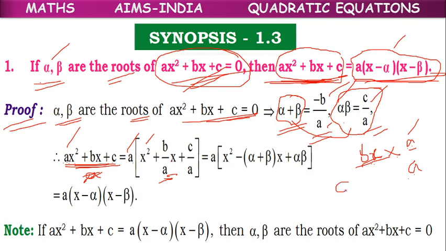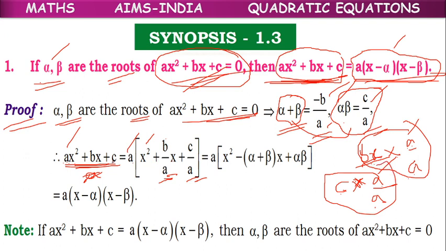In c also there is no a. For our convenience we can write c as c into a by a. If a is taken common, c by a will remain. So without changing the value, we multiply and divide the second and third terms by a, so that after taking a as common, b by a x and c by a remain.